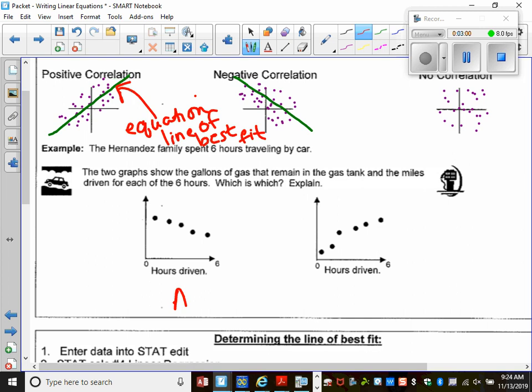Let's call this graph A and this graph B. Which one would be the better representation, A or B? All right, very good. Of course, as you drive, what happens to your gas tank? It decreases, right? It would be very nice if you drive and then gas just keeps going in your tank. That would be awesome, but it doesn't happen that way.